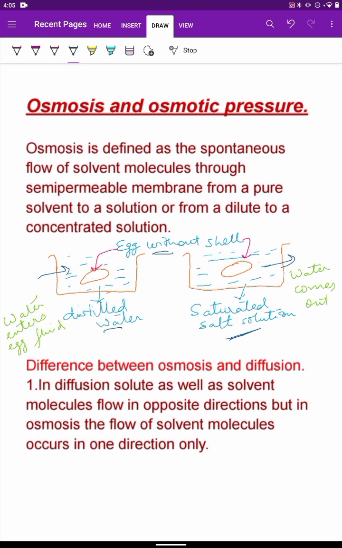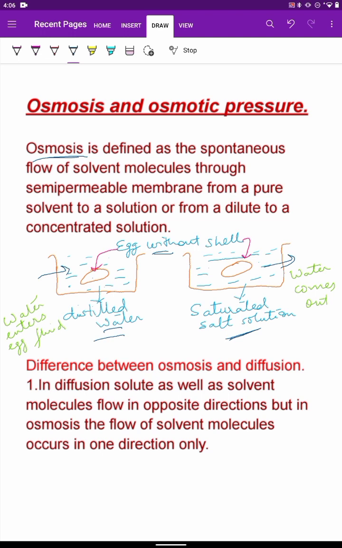So on the basis of this, we can define osmosis: osmosis is the spontaneous flow of solvent molecules through a semi-permeable membrane from a pure solvent to a solution, otherwise from a dilute to a concentrated solution.